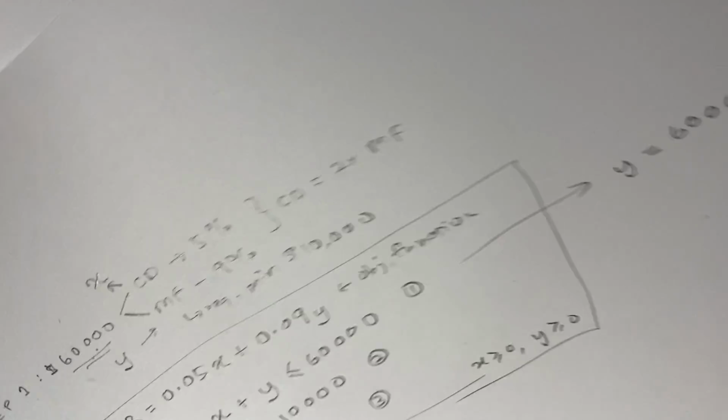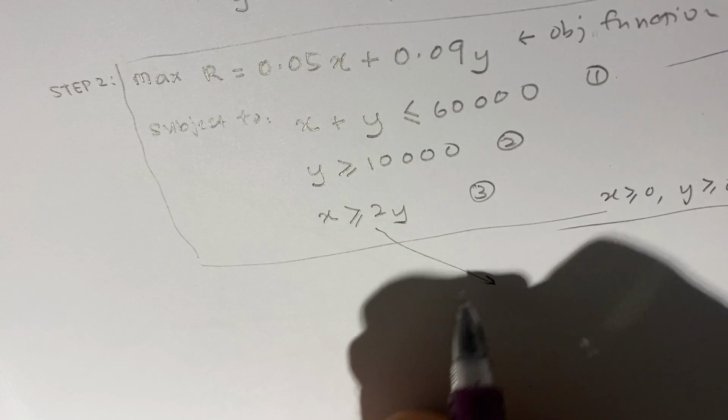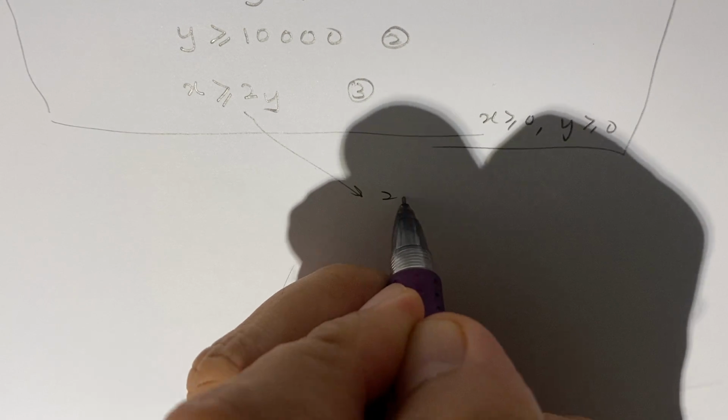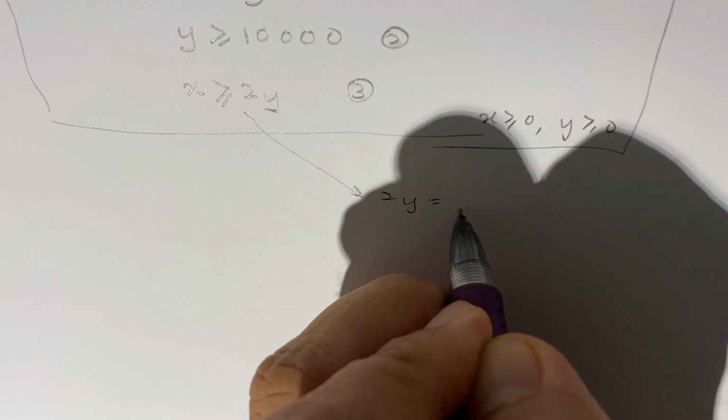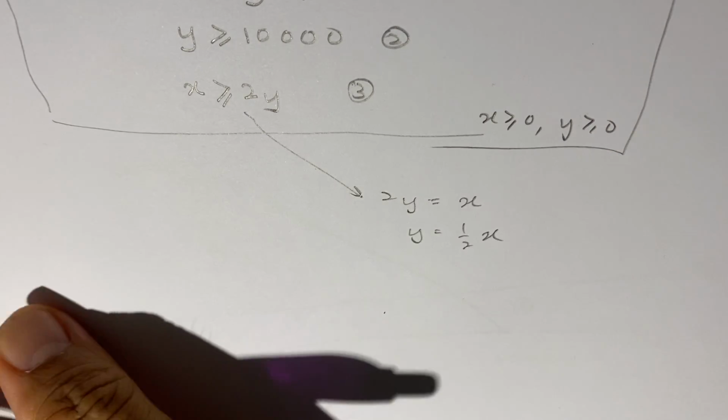And then the last constraint. If you transform this, we have 2y equals x, so y equals half of x.